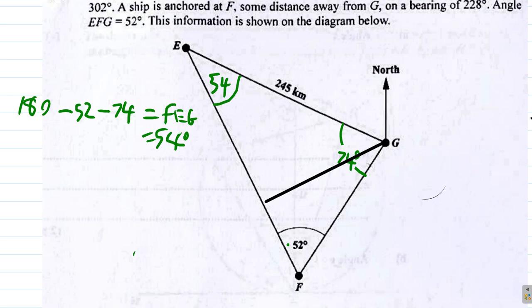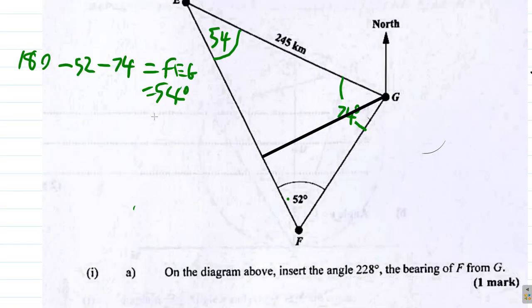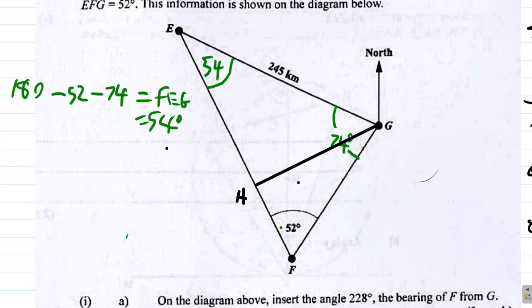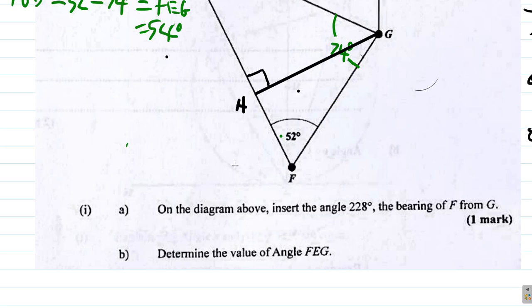There's a certain point at which it's shortest. You know what the angle would be between that line from G to H and the line EF? It's going to be 90 degrees. You see that?